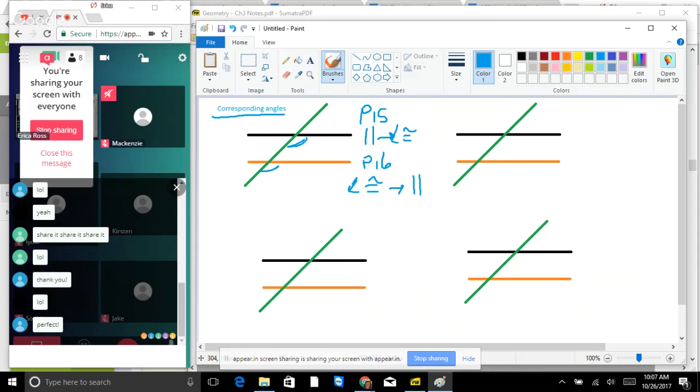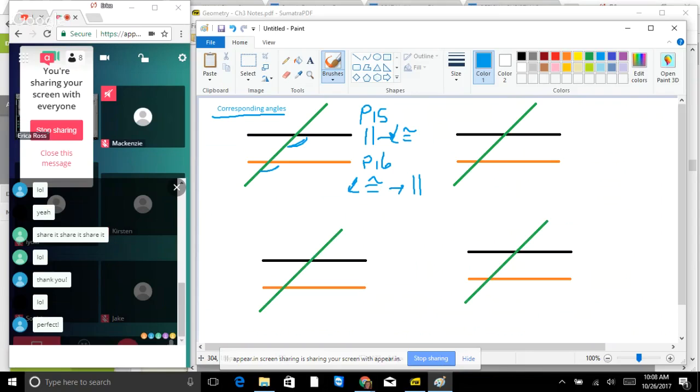Okay? So remember, we've got like the reverse of each one. All right, so postulate 15 says if our black and our orange line are parallel to each other, then our blue angles are congruent. Postulate 16 says if our blue angles are congruent, then our black and our orange line are parallel. Okay, so that's our first kind of set.